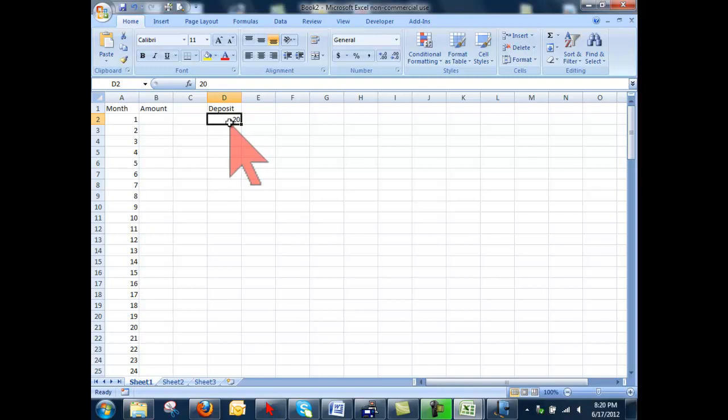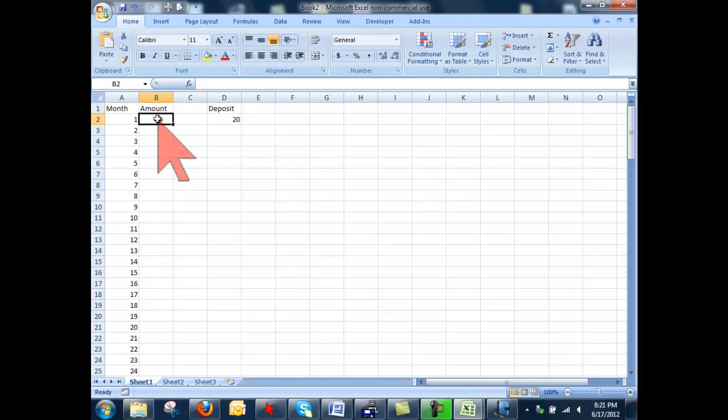I'm going to click on cell D2, and then move to the name box, clear out what's there, type D for deposit and push enter. I have now named this cell D. So anytime I want to refer to cell D2, I can just refer to it by name D.